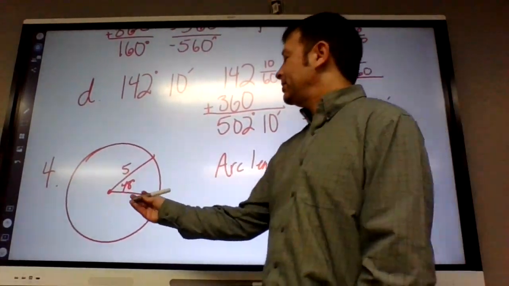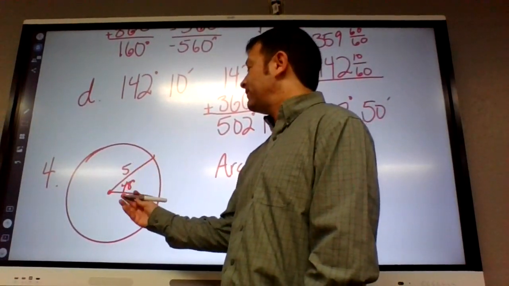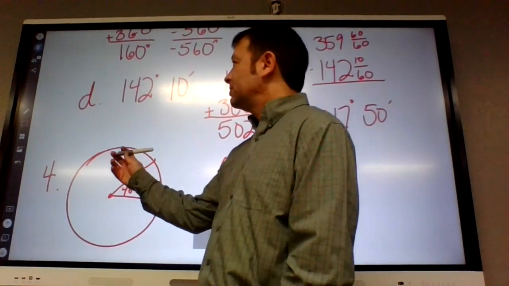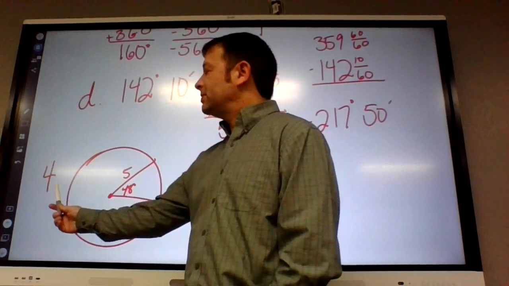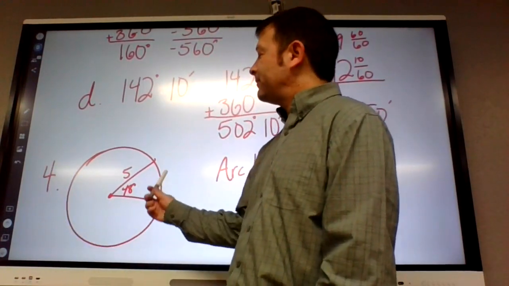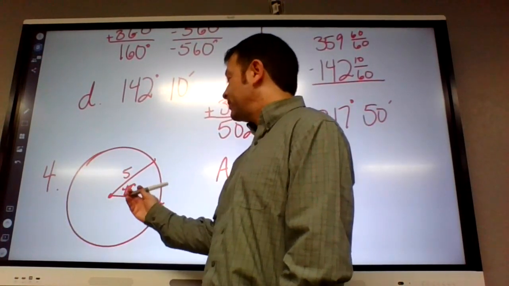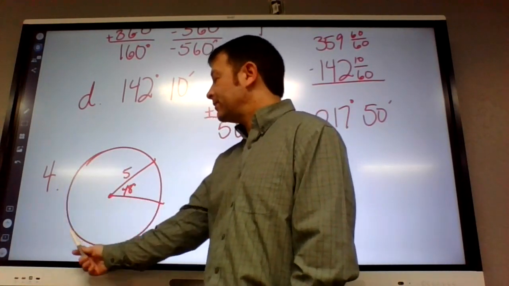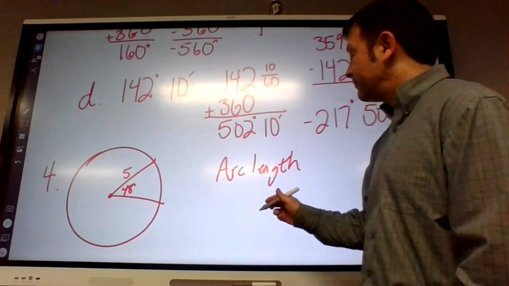Arc length is a fraction of what? 360. The circumference. Arc length from here to here is a fraction of the circumference. What's the circumference formula?